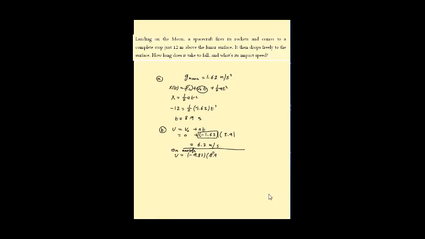In this case, the time is the square root of 2 times 12 divided by 9.82, that is, square root of 2y over g, where 9.82 is the acceleration of gravity on the Earth.